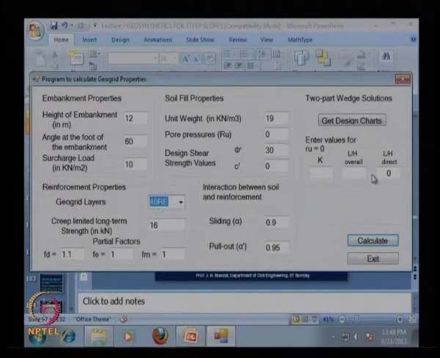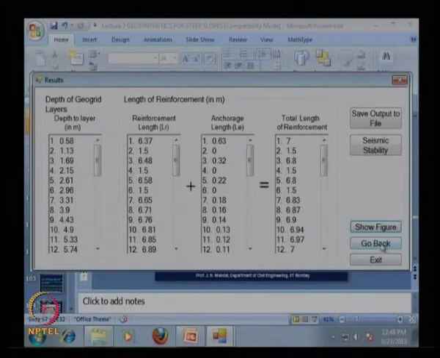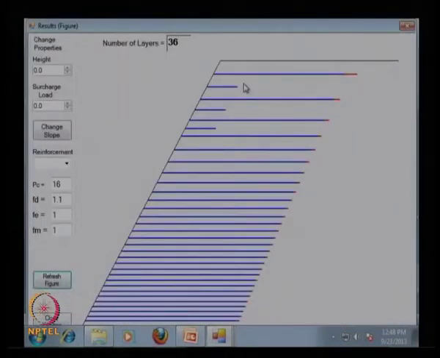Suppose this is 40 RE. I am just putting in some values here. Let us say 0.3 K value, L by H value 0.5, and L by H direct sliding 0.6. So you can calculate this, and you can show the figure for this 40 RE.